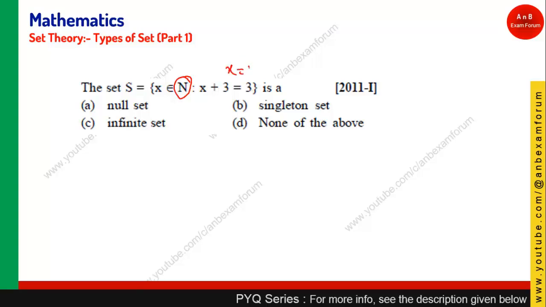If you solve it, x is equal to 3 minus 3. 3 minus 3 is what? 0, and 0 does not belong to the natural numbers. So if 0 is not belonging to natural numbers, there will not be any element in this particular set. So the set S is a null set, right? So option A is the right answer.